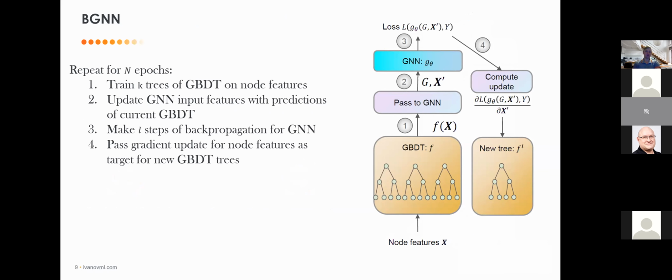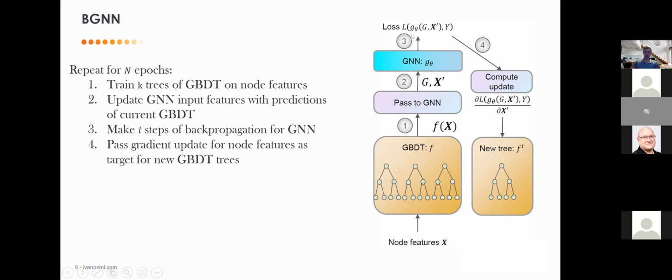So as I said, it could be, for example, that we use f of X instead of original node features, or it could be used as additional node features for GNN. And then we make L steps of back propagation for GNN with this G and X prime, and we compute some loss L with the predictions from GNN.